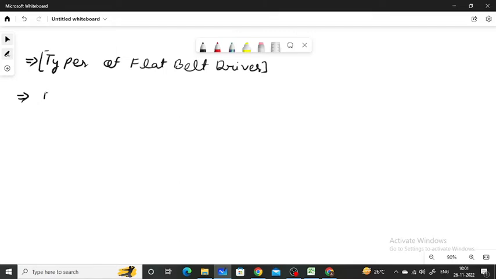There are many types of flat belt drives.